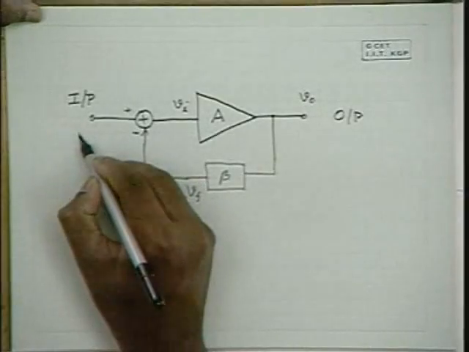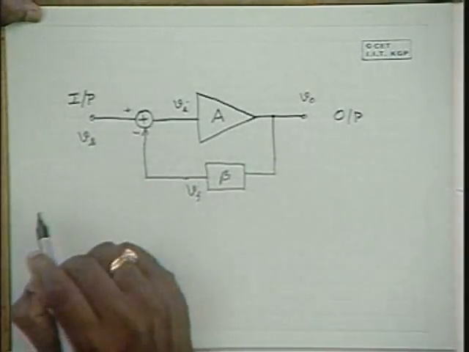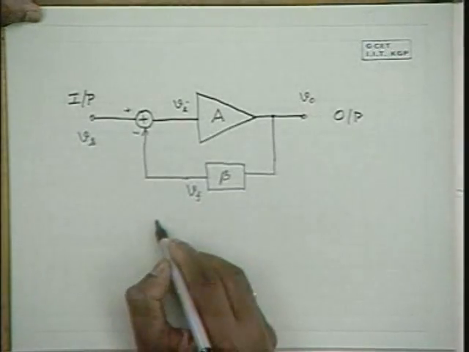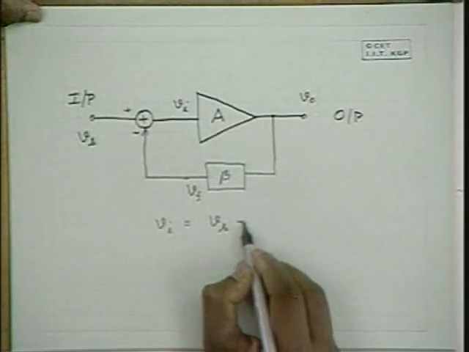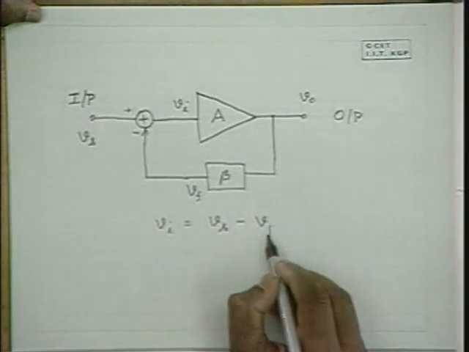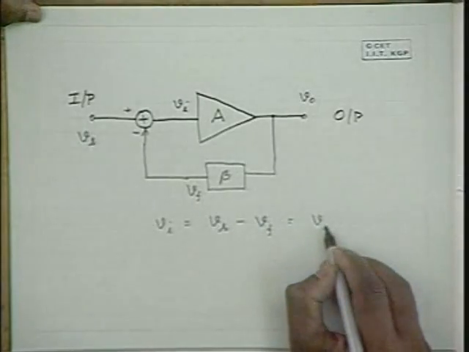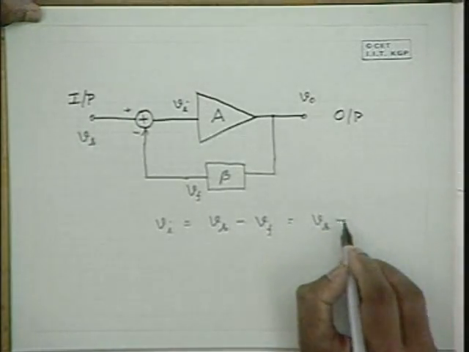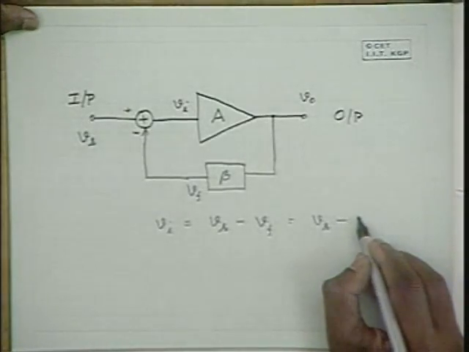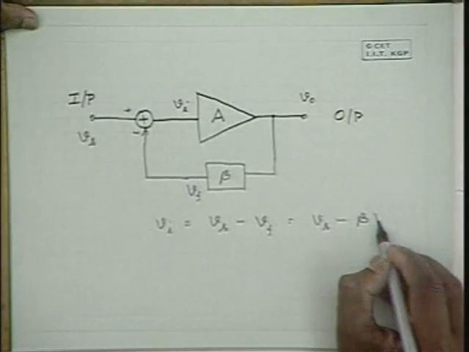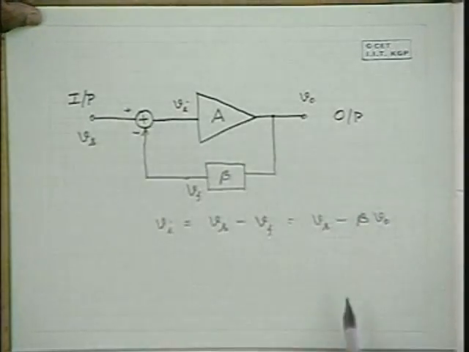Now the input voltage is Vs, in which case Vi is equal to Vs minus Vf, and Vf in turn is beta times V0, and V0 is A times Vi.